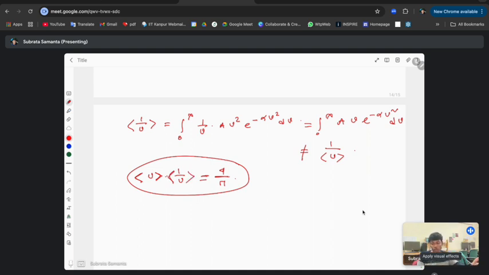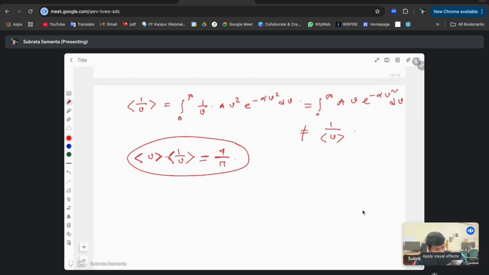It's not 1. So in this line, the expectation value of a over b is not equal to the expectation value of a over the expectation value of b.